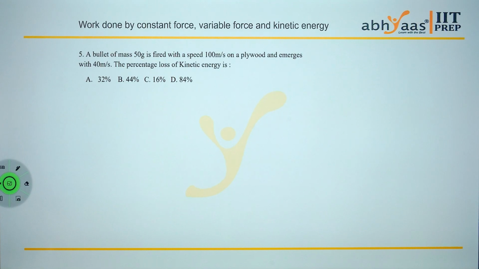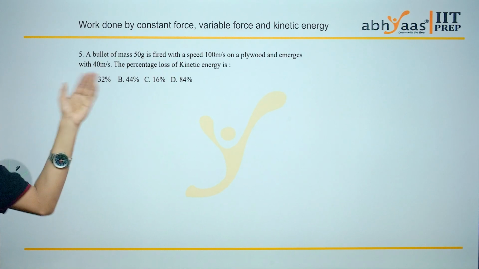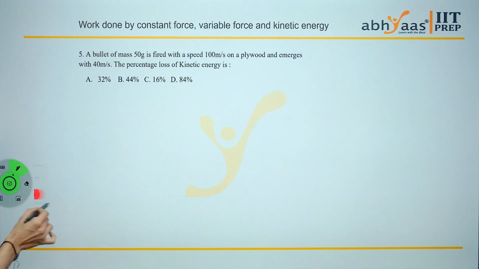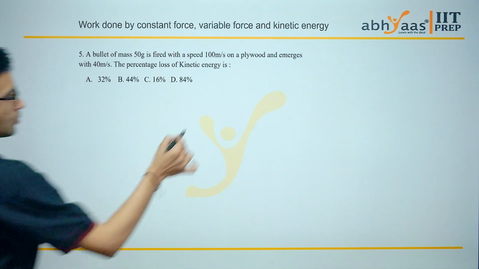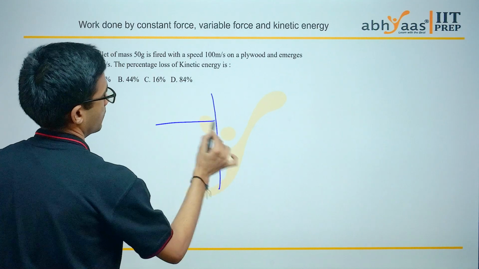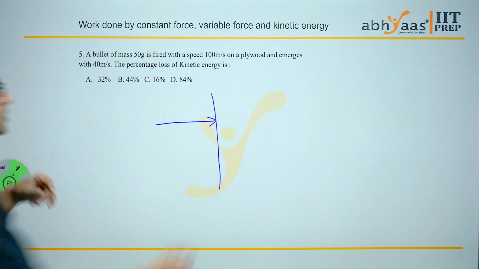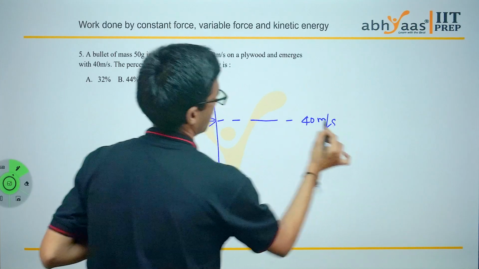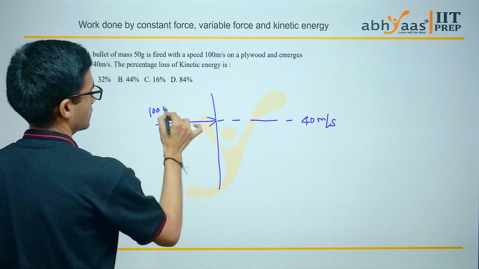Another thing, here a bullet is fired at a plywood. If you see, the bullet is fired towards the plywood like this and emerges with 40 meter per second. Initially it is 100 meter per second.